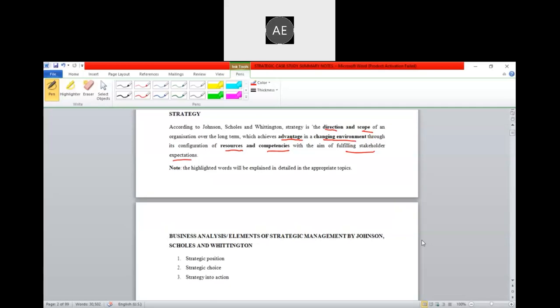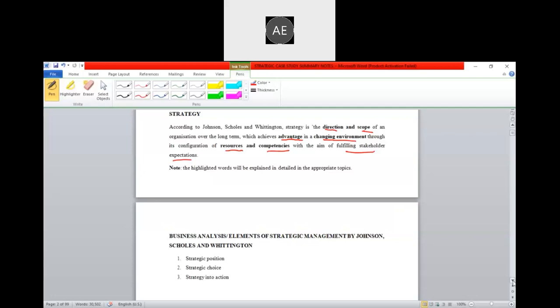So the environment keeps changing. This is through the configuration or use of its resources and competencies. And when an organization is able to use its resources and competencies to achieve advantage in a changing business environment, to show the direction and scope, they will be able to fulfill stakeholders' expectations.